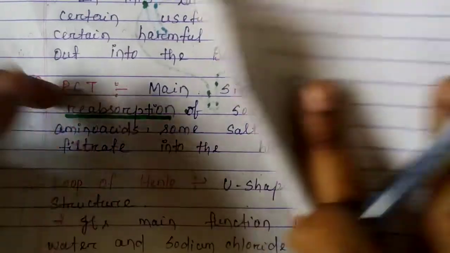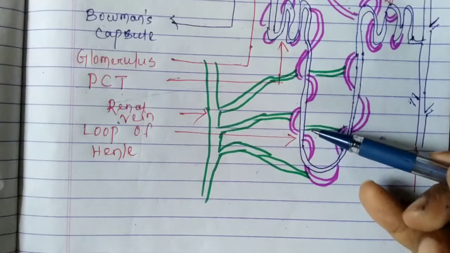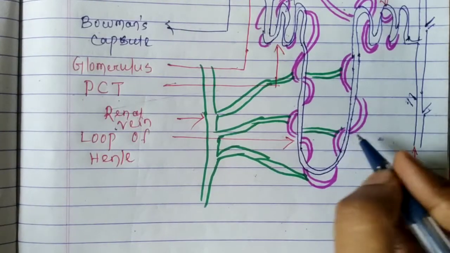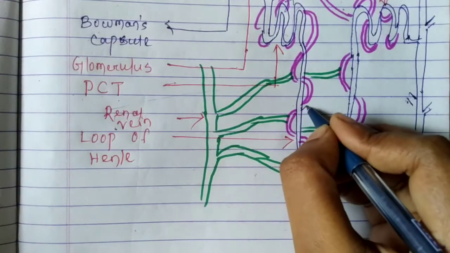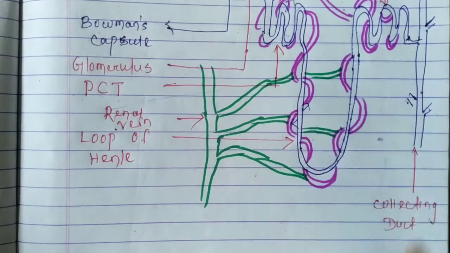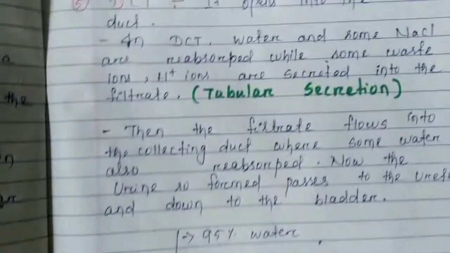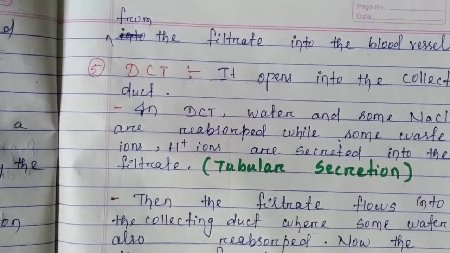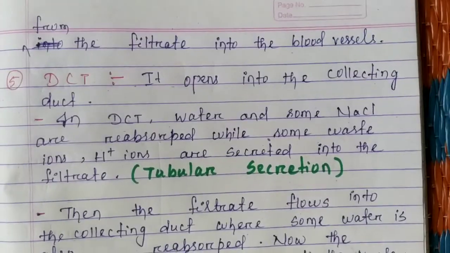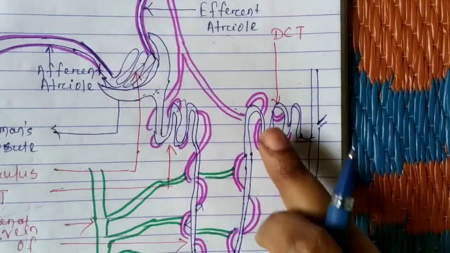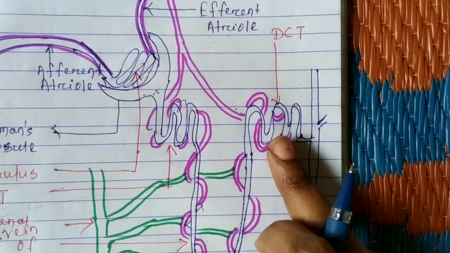Most of the water and the sodium chloride are reabsorbed into the blood vessel. The next part is our distal convoluted tubule. From the loop of Henle, the filtrate will move on to the DCT, or distal convoluted tubule.